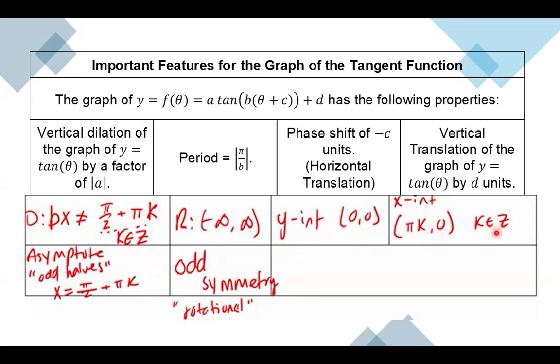And k is an integer, that's what k exists in Z means. That means it exists in integers. Lastly, you're going to have vertical asymptotes at the odd halves. I forgot to say that k is an integer here, but I can write it.